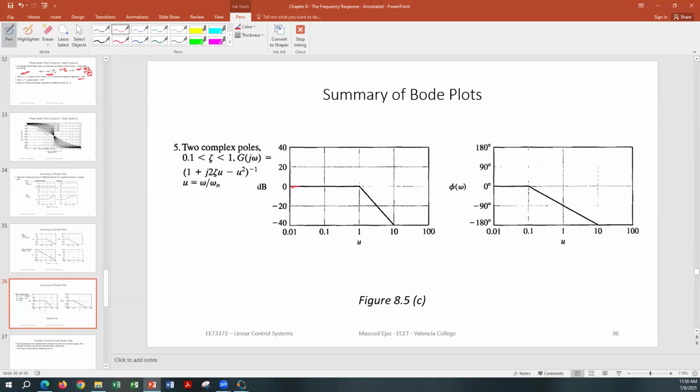You have to go until 0.1 as your 0, and then you will have to find the peak value based on omega, and then you'll have to go like this. Something like that is going to be the second order system.